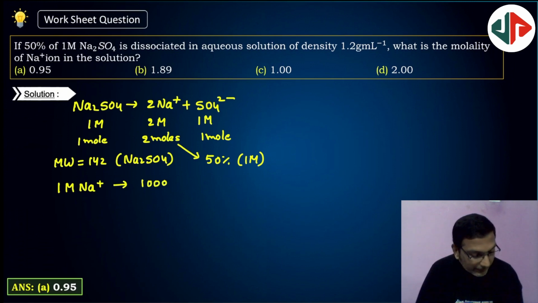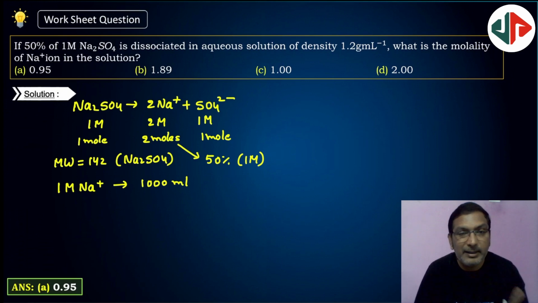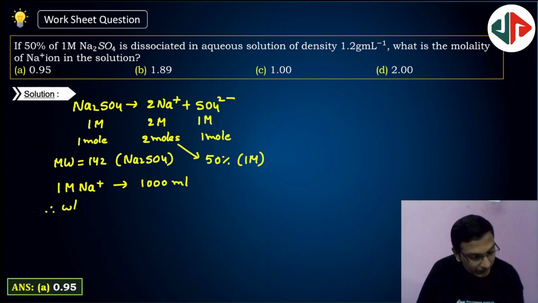You know this. 1 molar Na plus means 1 mole of Na plus present in 1000 ml of solution. So from this, weight of solution equal to volume into density. Density is given as 1.2. So we'll get this as 1200 grams.